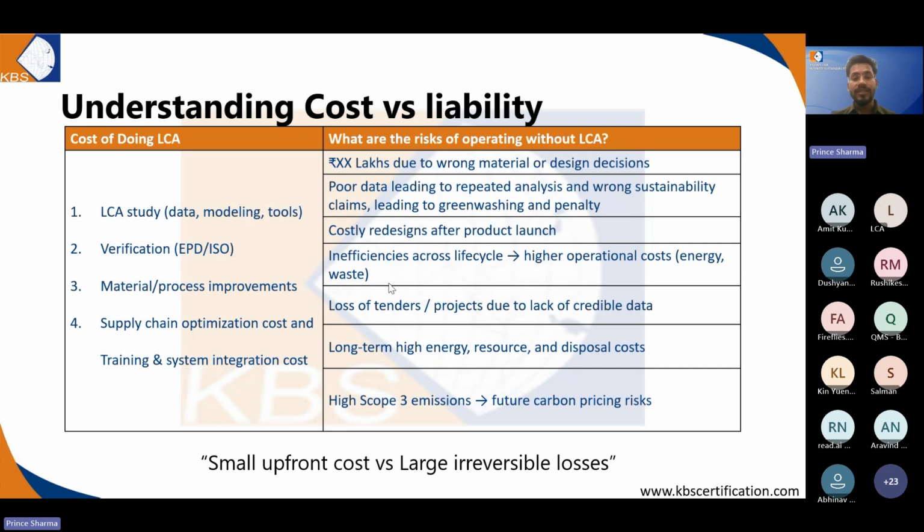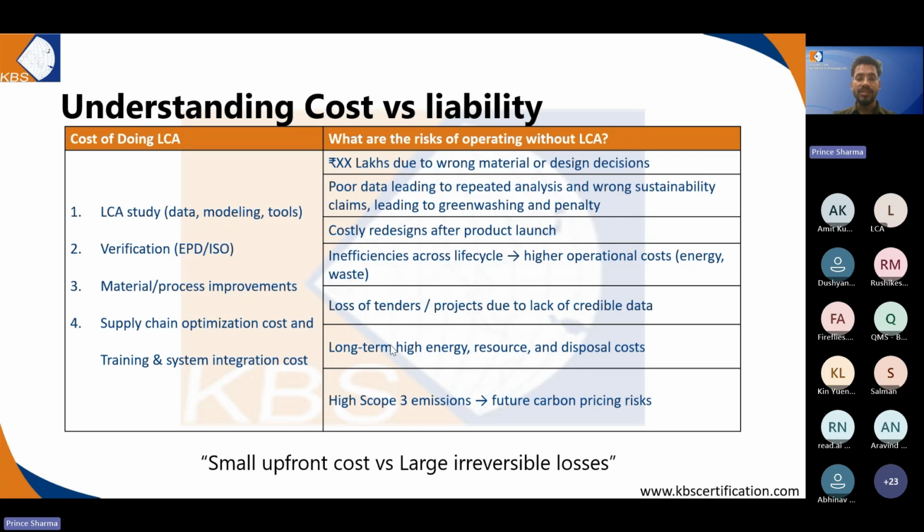As we have already discussed, if you do not have the life cycle assessment report, as well as the EPD, or the EPD type 1, then you will not be able to participate in new tenders. You will not be able to network or to sell abroad. Then long-term high energy, resource and disposal costs will also be a part of eroding your investments.